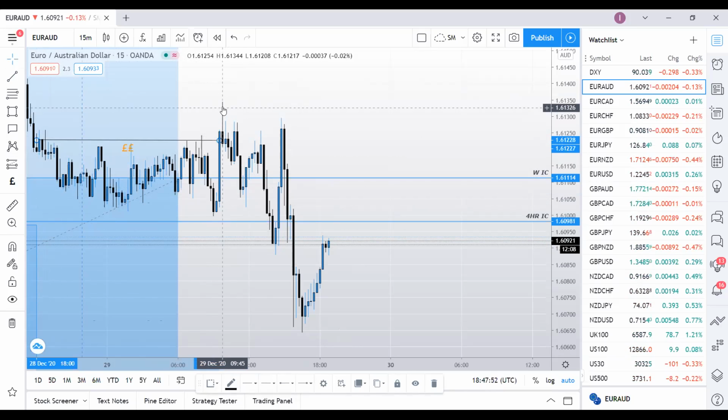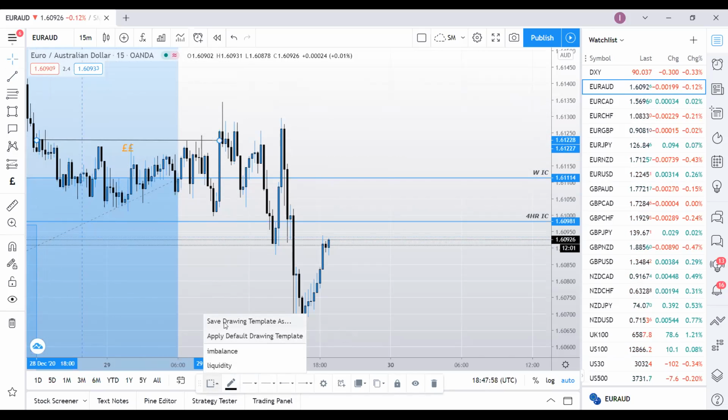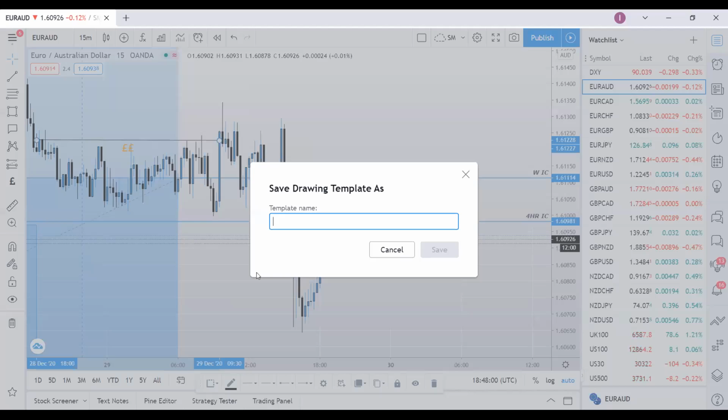Sorry, how did you get that thing to do liquidity like that? Oh, I've saved it as a template. Save drawing as a template, then you just name it. It just saves me time every time. Then that's when your pound signs come up.